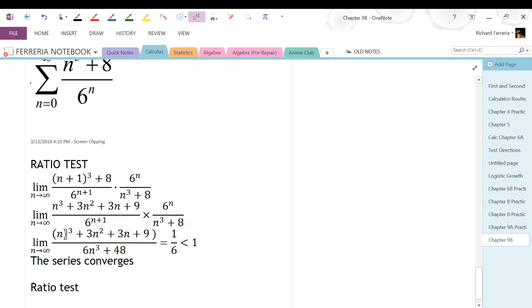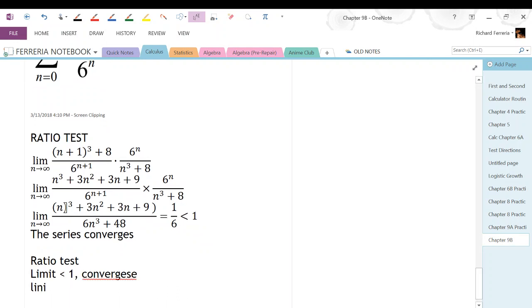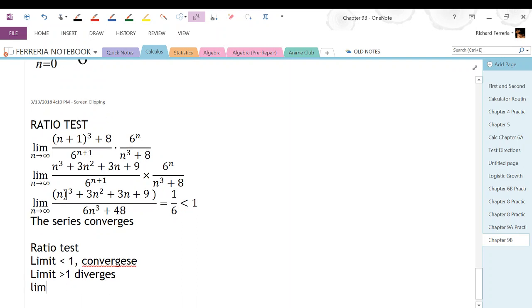Oh right, I remember. If the limit is less than 1, you get convergence. If the limit is greater than 1, it diverges. And if it's 1, then it's inconclusive. Limit equals 1, inconclusive.